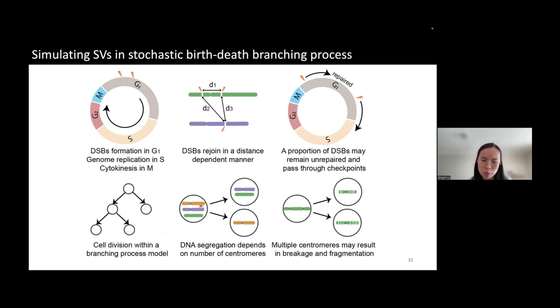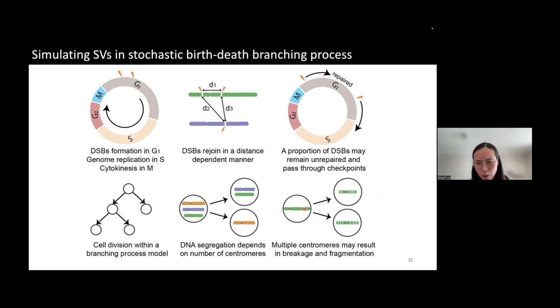And when we simulate cell division, there's a number of centromeres on the chromosomes. If there's one centromere on a chromosome, they are distributed evenly to the daughter cells. If there's no centromere, they will be randomly distributed to daughter cells.